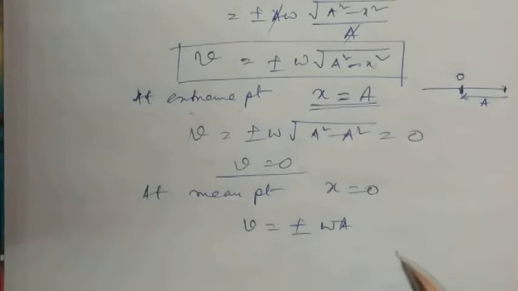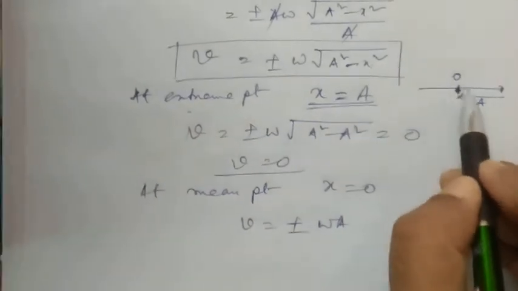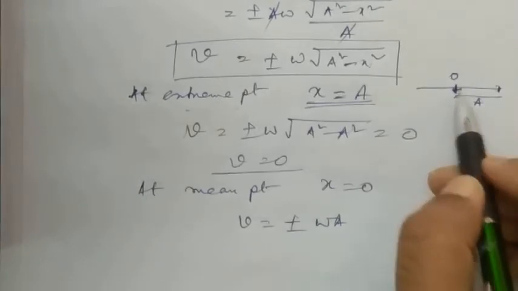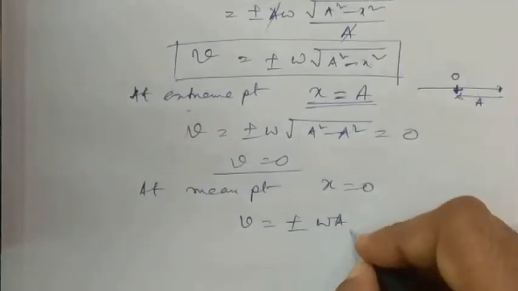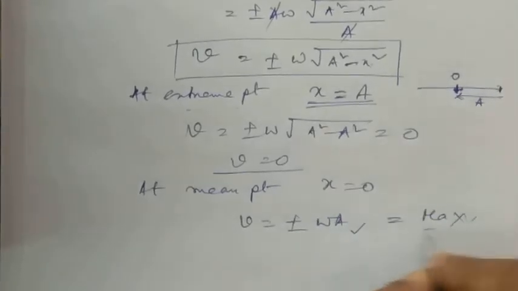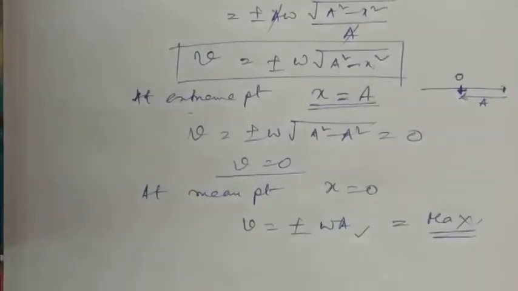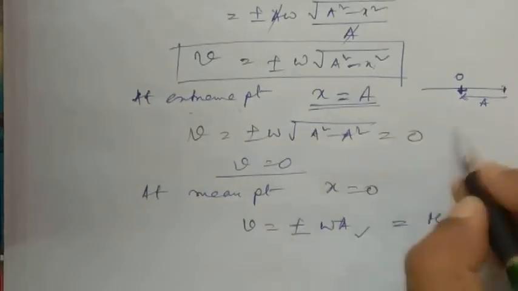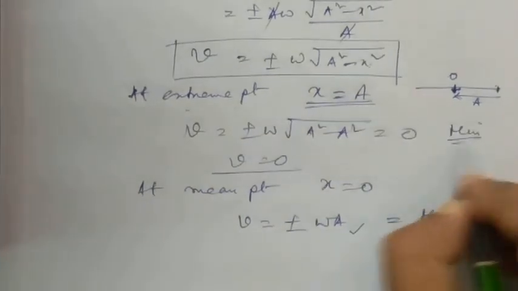So when the particle is at the mean position, that means x is equal to 0, we get the value of v as plus minus omega a. That means this is the maximum value. The value of v as omega a is the maximum value, and the value of v as 0 must be the minimum value.